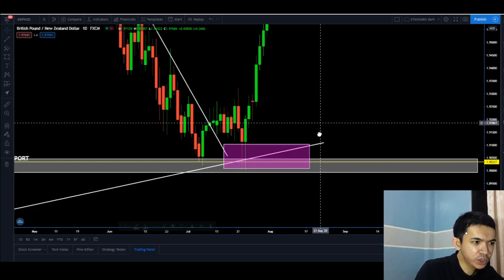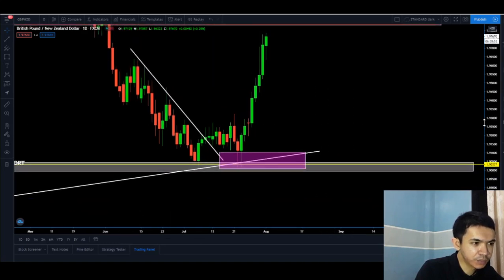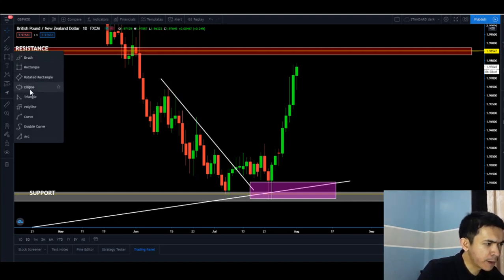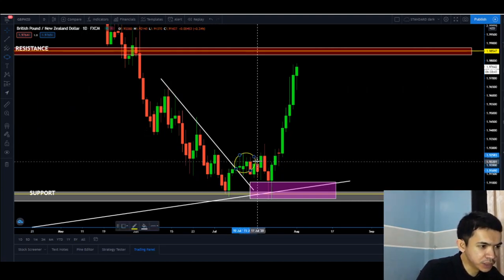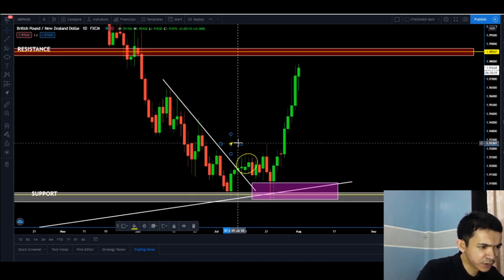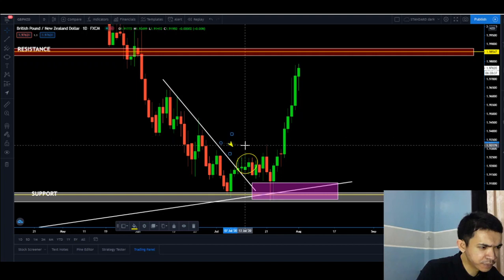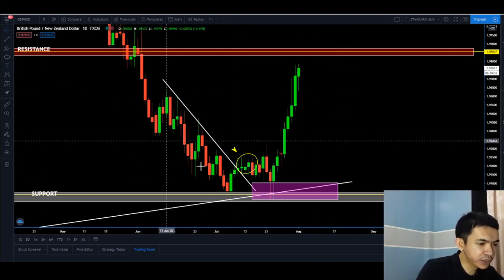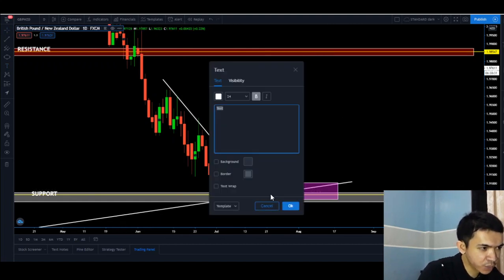But remember, we are on a daily time frame. So if ever the price was still here, let's assume the price was still here, our high probability trade area or zone is where?